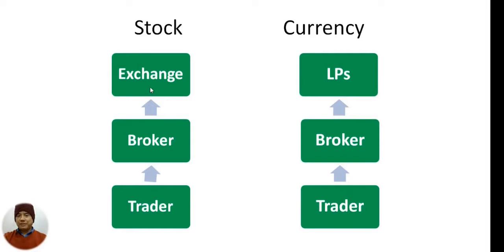Okay, then the exchange facilitates. Actually, the exchange is the centralized part, and almost every country has its own exchanges. All right, so it's all about a centralized system in the stock market. Whereas in the currency market we have a trader, then we have a broker, then we have LPs. LP stands for liquidity providers.